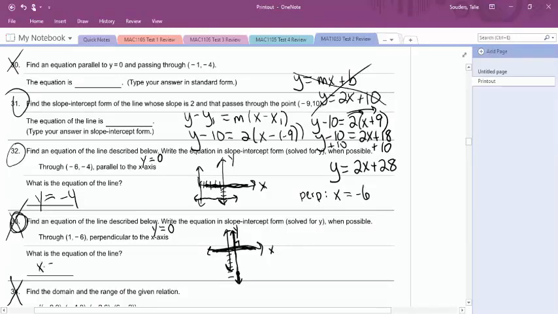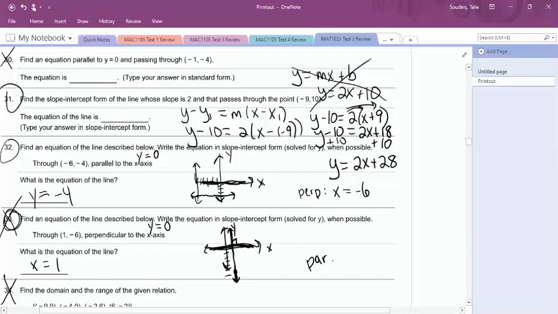Now, if everything was the same, but it said parallel instead of perpendicular, which it could be either one, because if you look at the last problem, it said parallel, right? Then you would be wanting another horizontal line. So what would be the equation of the other horizontal line through that ordered pair 1, -6?